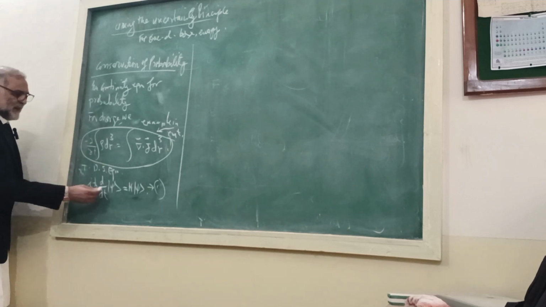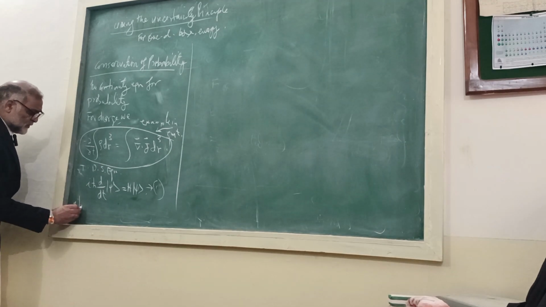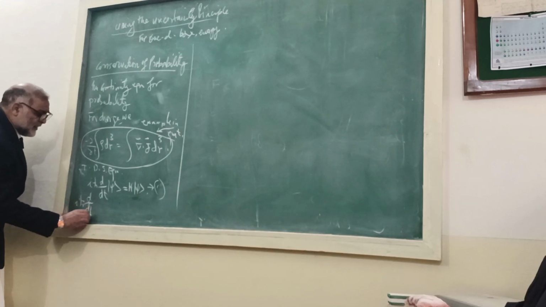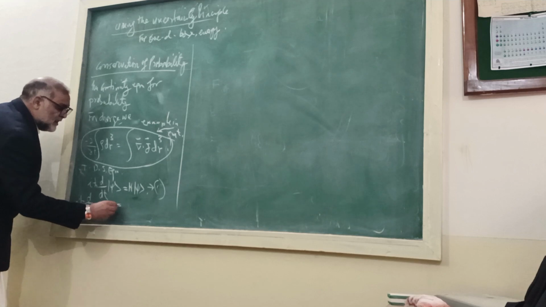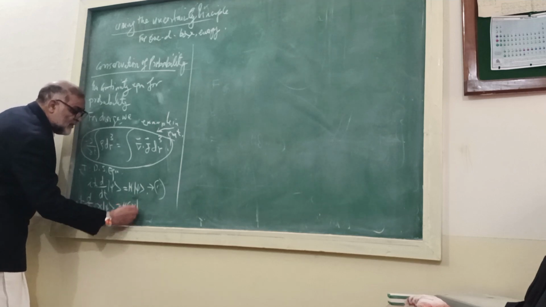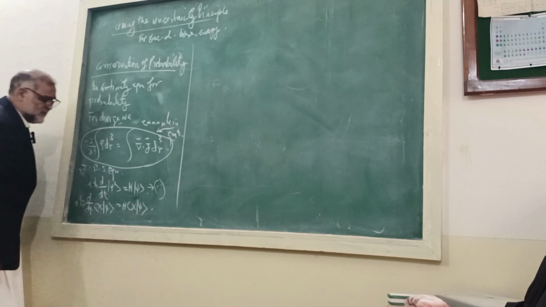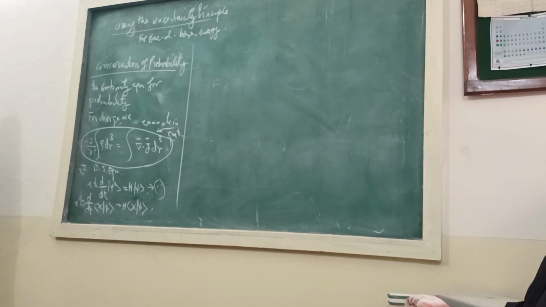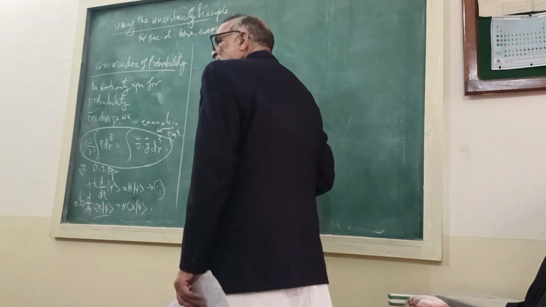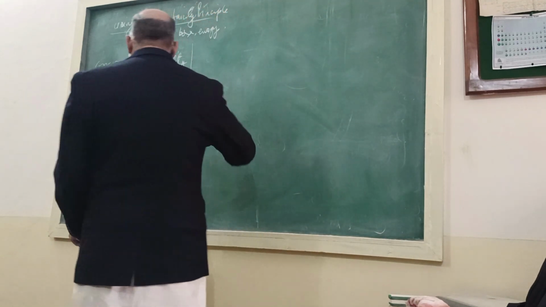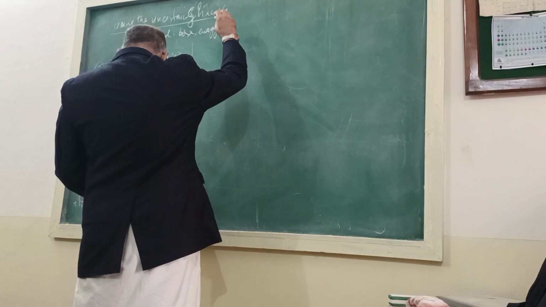So look, multiply this with i h-bar d by dt, and multiply this with bra x, H, and multiply it with bra x. So what is this now? That is psi of x, right?